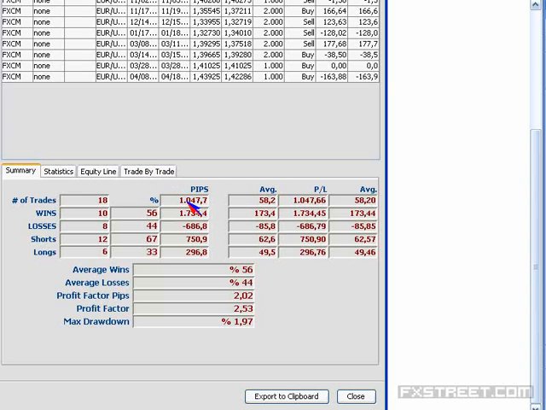Okay, the accumulated pips seem like in short trades were better than long trades, but with all this data we can't draw a conclusion because of the very low number of trades.